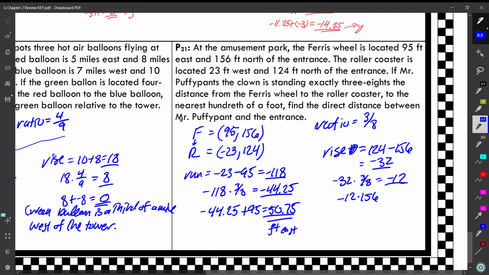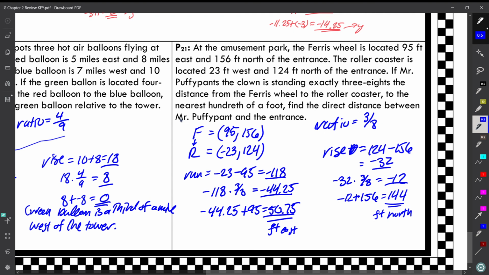Alright, let me take that negative 12 and add it to the initial y of 156. Excuse me. Negative 12 plus 156 is 144. So this is feet north because it's positive.